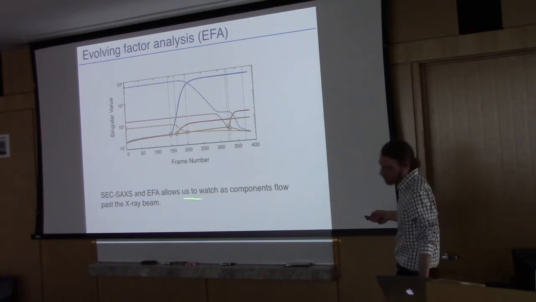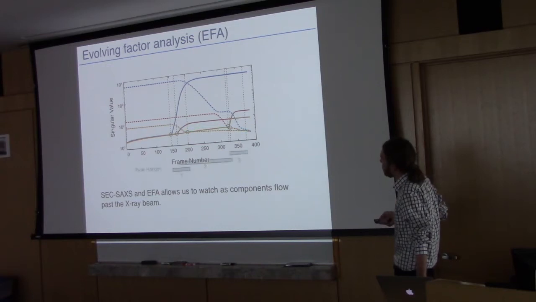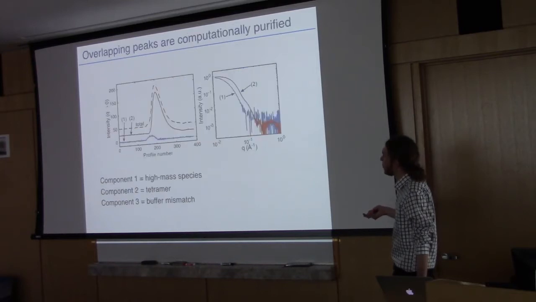You can use the first in, first out principle and say, this blue inflection point I match to this inflection point leaving, this one matches with that one, this one matches on the far right. From that, you can say what your peak ranges are. And it turns out that just knowing the peak ranges is enough information to find the linear combinations of the basis vectors to get real SAXS profiles for the components.